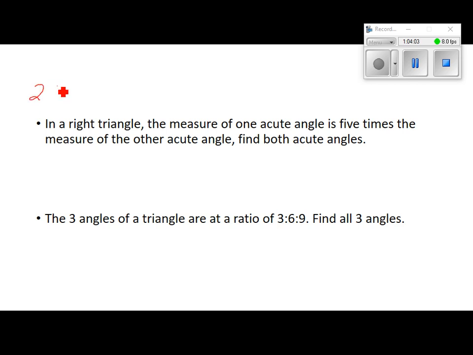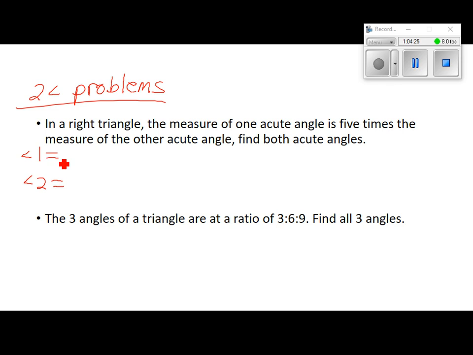This is one of those 2-angle problems. We did some of them at the start of the year, so write 2-angle problem somewhere above it. If you remember those 2-angle problems, we wrote down angle 1, angle 2.